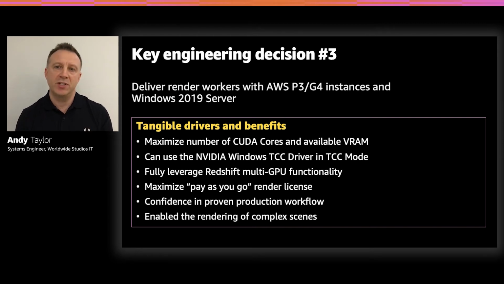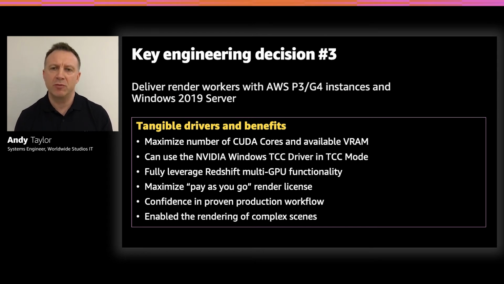We then chose to deliver our Deadline render workers on Windows Server 2019. We had a proven Cinema 4D and Redshift on-prem production workflow on Windows. Not only that, further integration with managed AD allows us to easily customize our render worker configuration with central group policy, and it also allows us to perform authenticated access to FSx for our artists.